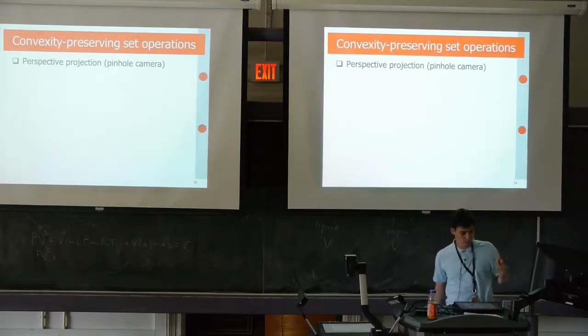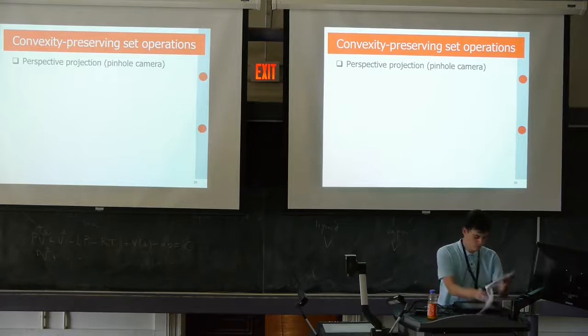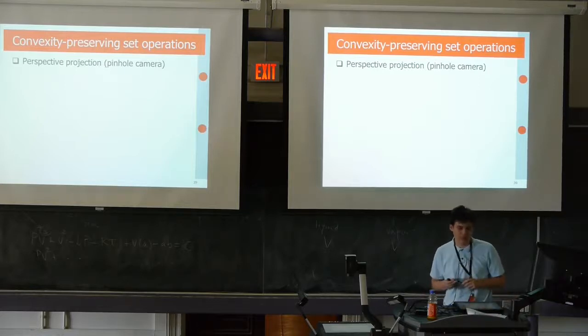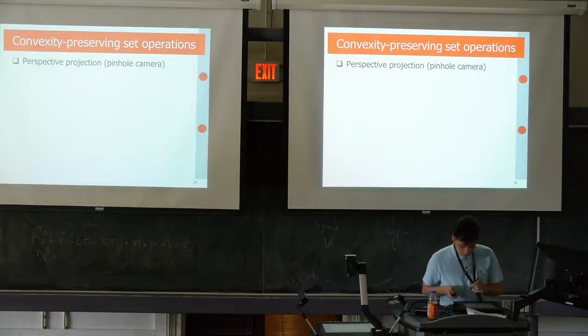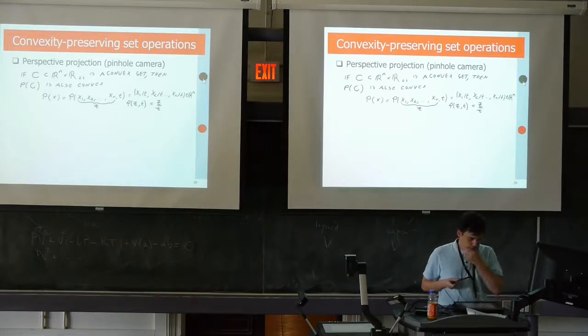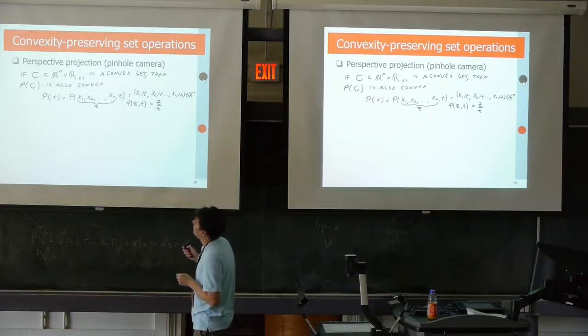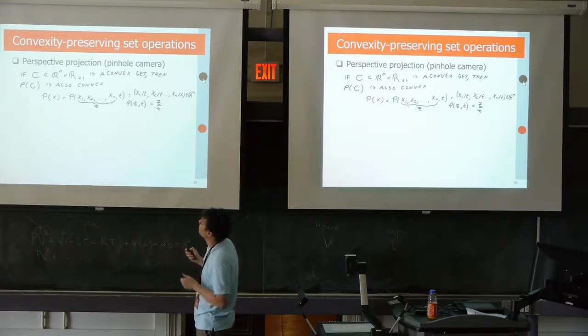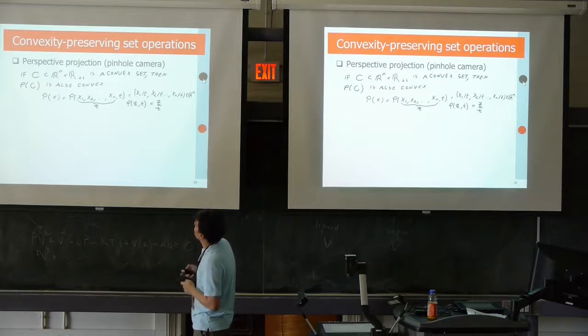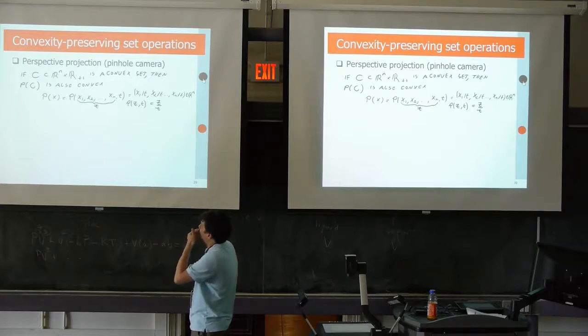So there's an interesting one. It's called the pinhole camera function, or perspective projection function. So it says let C be a subset of this space, which is a direct sum of an n-dimensional Euclidean space and the positive numbers. Let C be a convex set, and we define the perspective projection with this function.